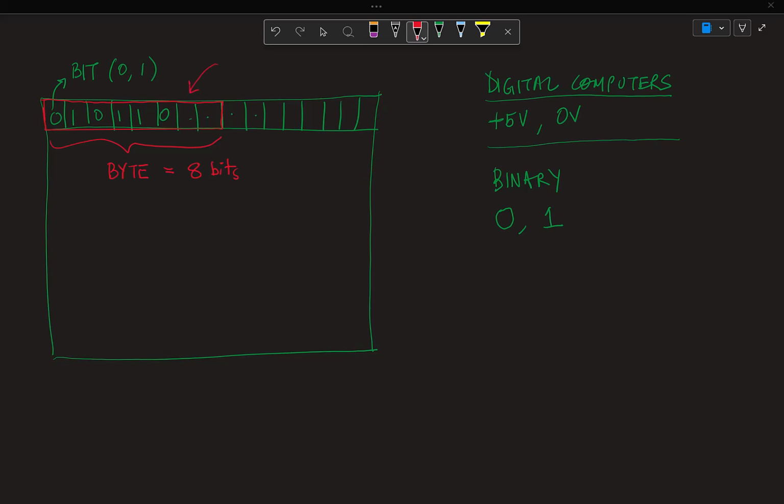Just like in libraries, we use the Dewey Decimal System, which provides books and shelves addresses to locate them. Computer RAM also has addresses. So maybe this is the first location, first byte in memory. So this might have an address of 1, and then the next byte might have an address of 2, and so on and so forth.